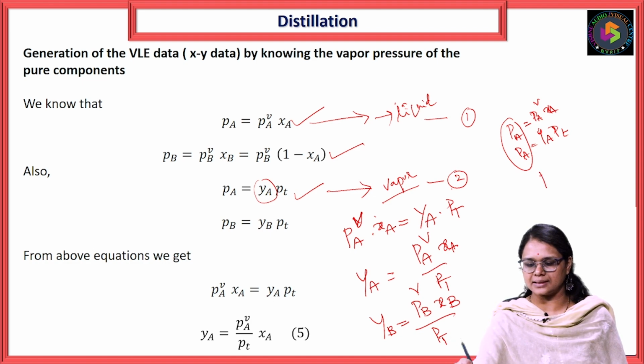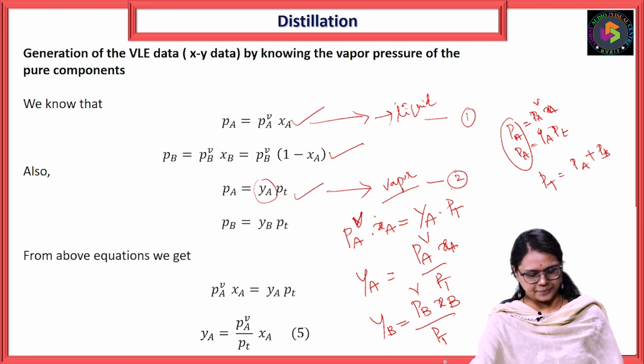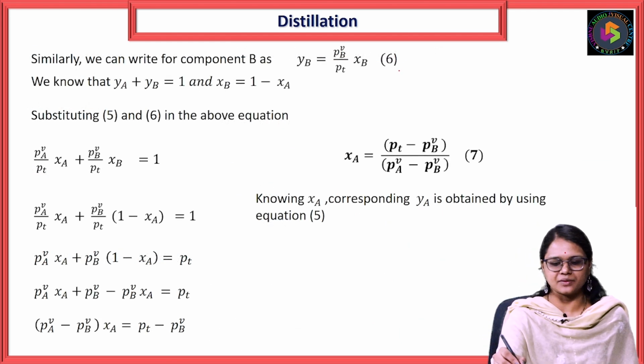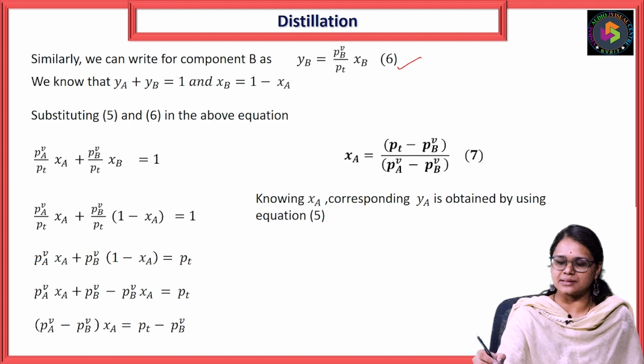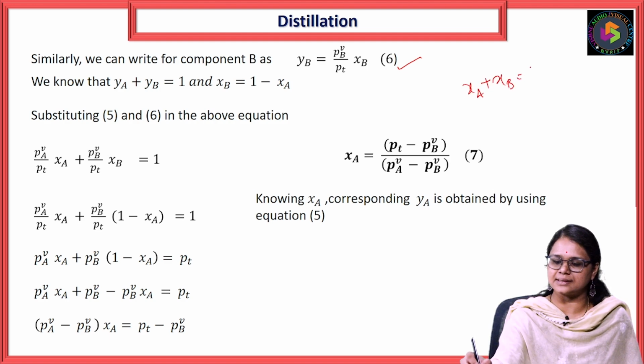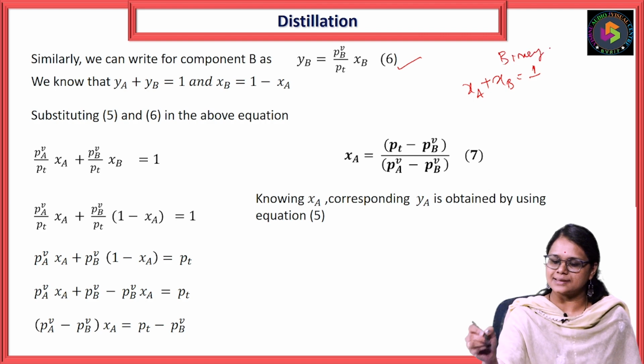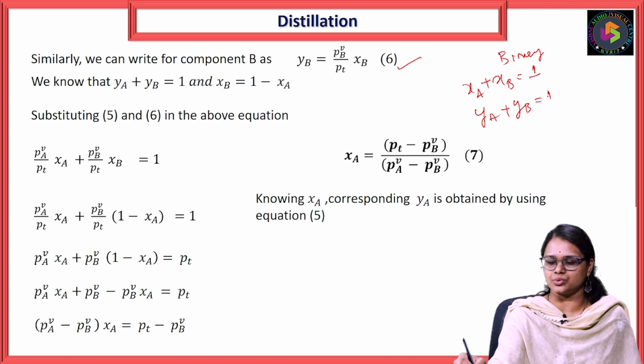PT you can write as the sum of partial pressures, PA plus PB. Okay, the same thing which we got. As we understand, the sum of mole fractions in the liquid phase is equal to 1 for a binary mixture. Similarly, you can write it for the vapor phase. That will be YA plus YB equal to 1.